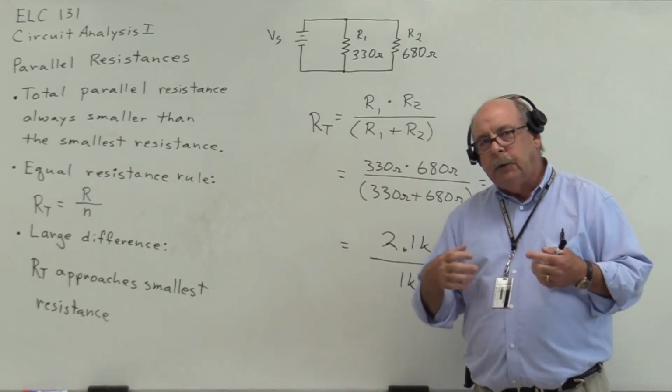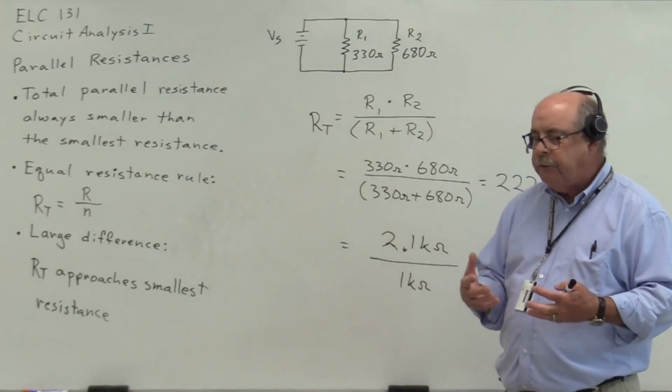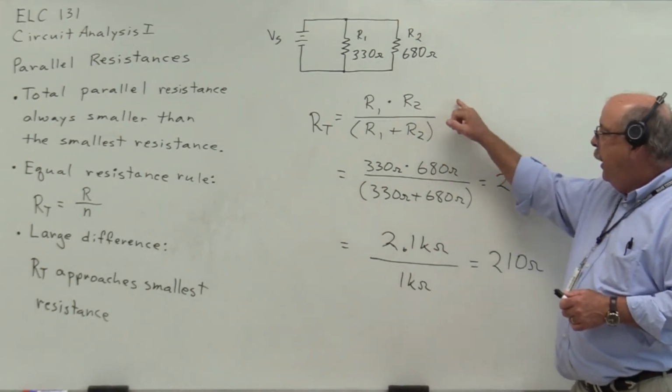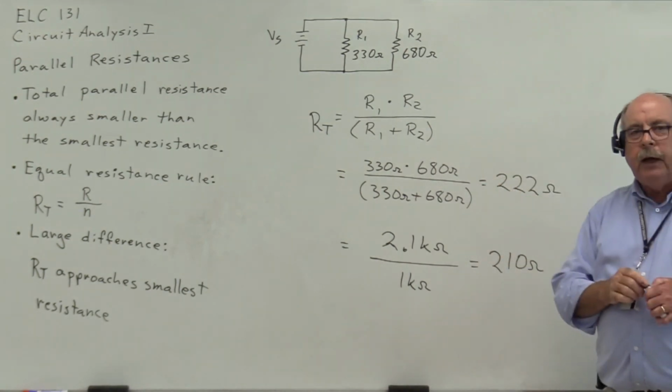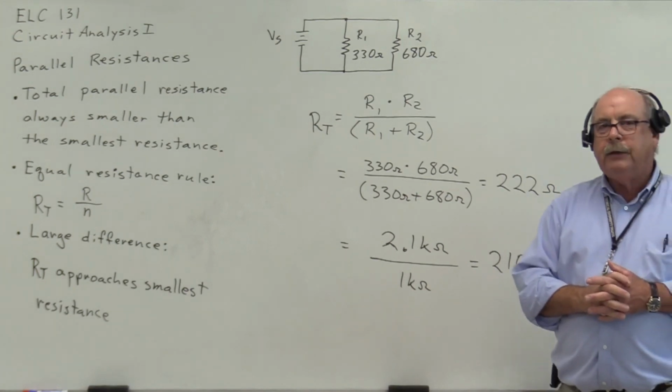So as you gain more experience with circuit analysis, I hope that you'll make approximations of what these values should be so that you can have a good idea whether they make sense or not.